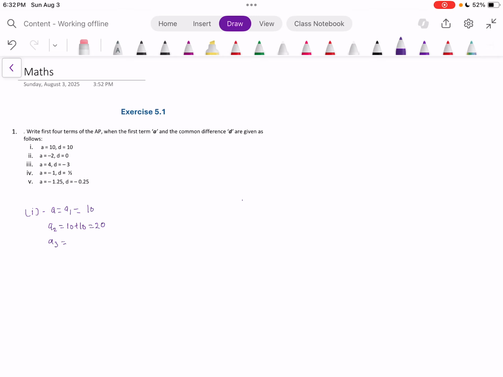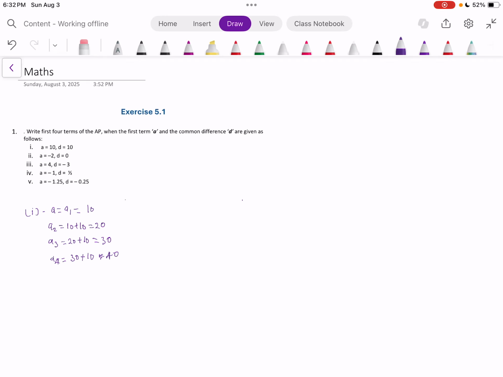A3 is going to be A2 plus D. It's 20 plus 10, which is going to be 30. A4 is going to be the previous term plus the difference, which is going to be 40. So first 4 terms: 10, 20, 30 and 40.